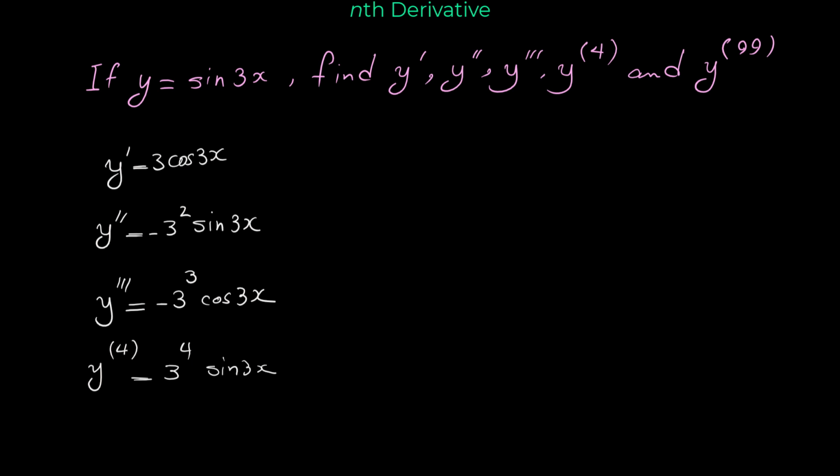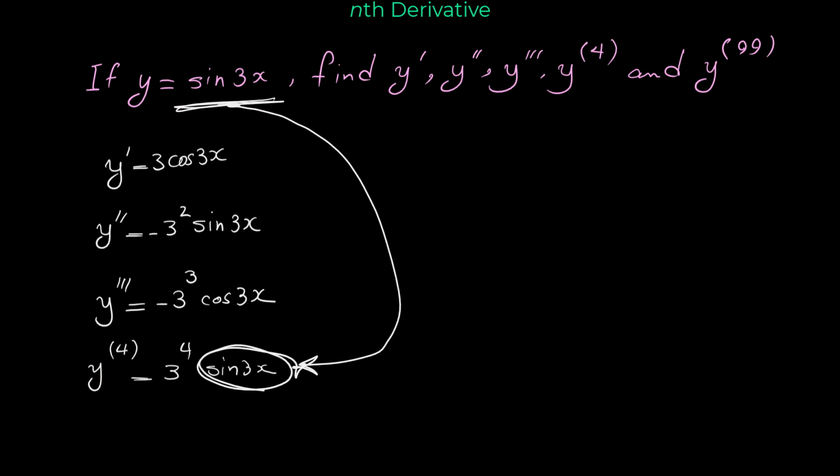If you pay attention, we started with sine of 3x. After taking the derivative of sine 4 times, we got to the original function, but we got a 3 to the 4 here. So this shows that every 4 times that we take the derivative of sine or cosine, you can check it later by yourself, for sine and cosine we have this rule.